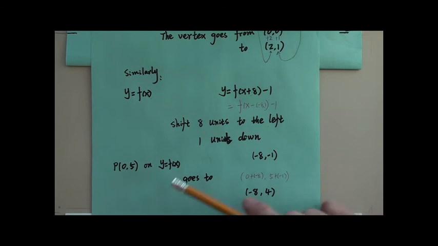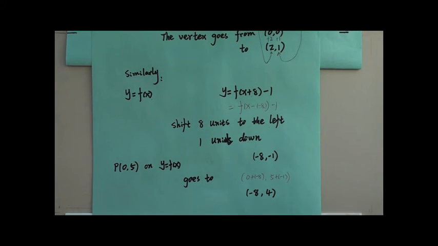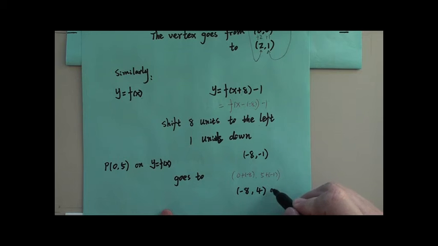So previously, if the point is 0, 5 on f of x, now it goes to negative 8, 4 on this one.